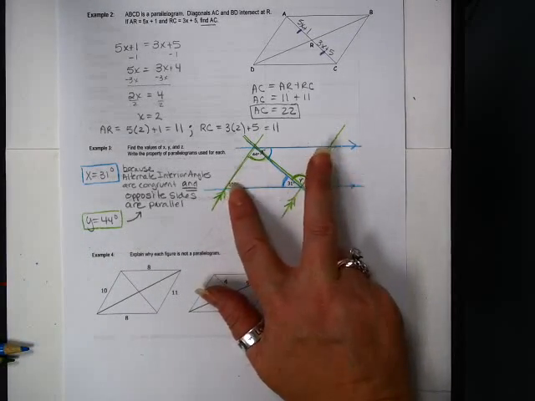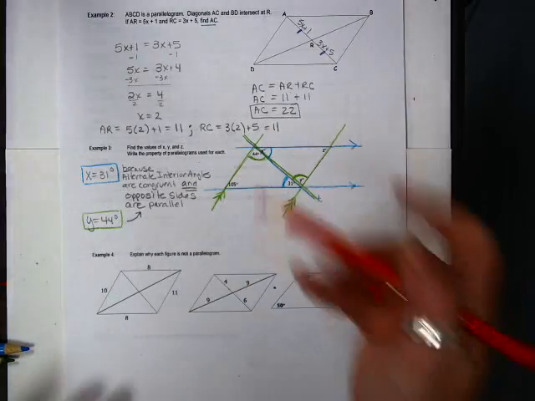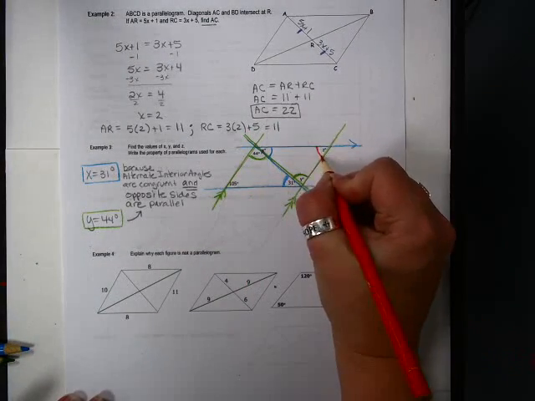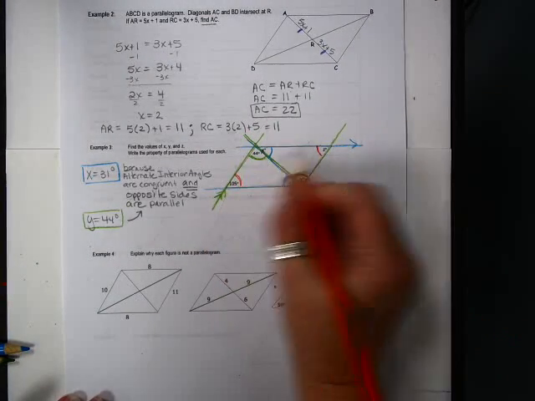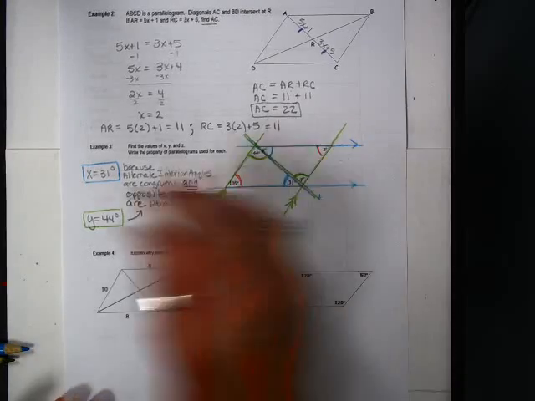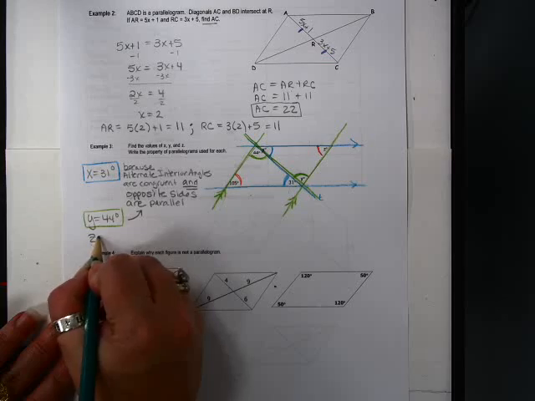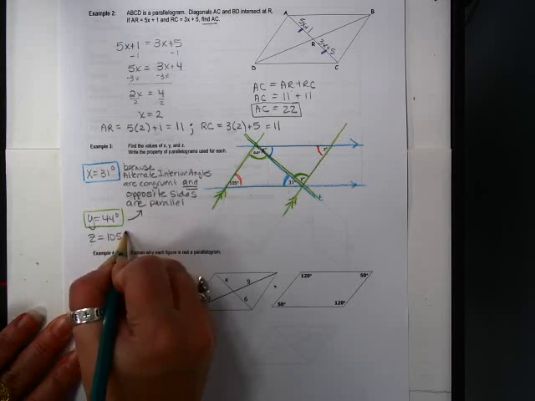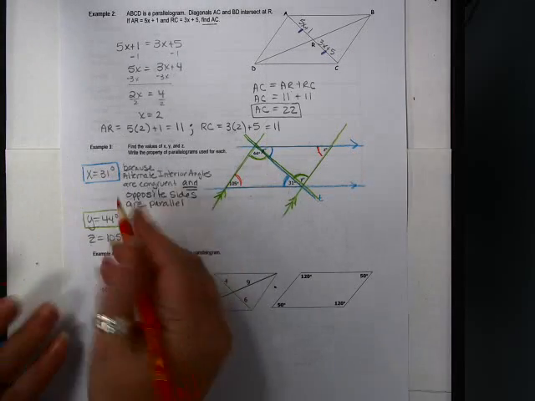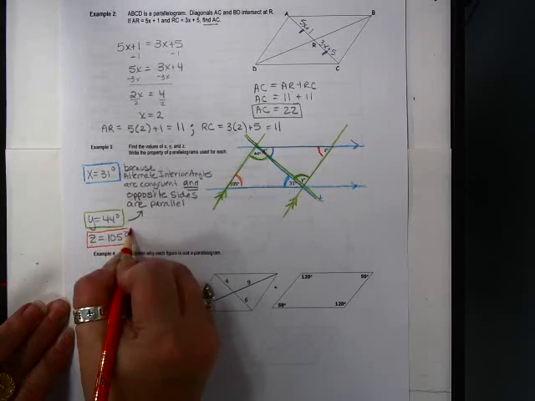Z. What do I know about Z? Well, Z is over here, and I've got this angle over here. So I know that Z is going to equal 105 degrees. I'm going to highlight that in red so you can see where it came from.